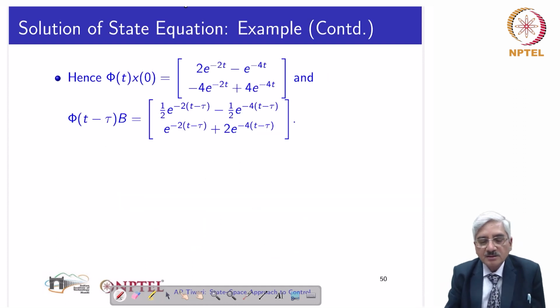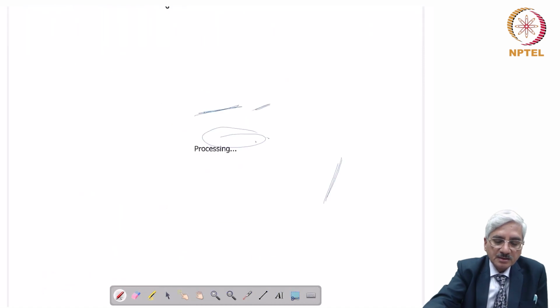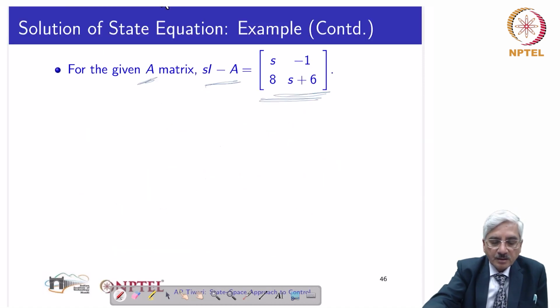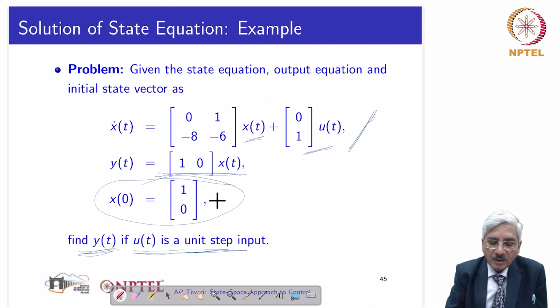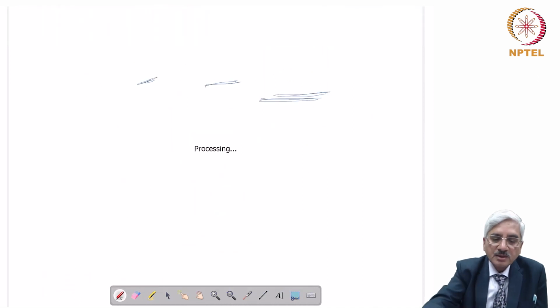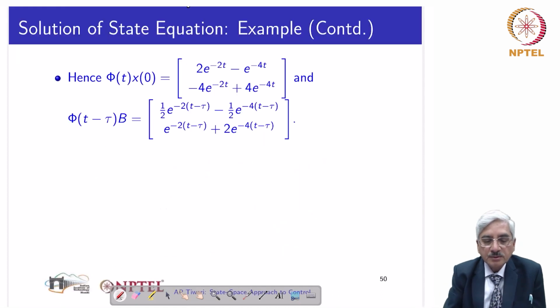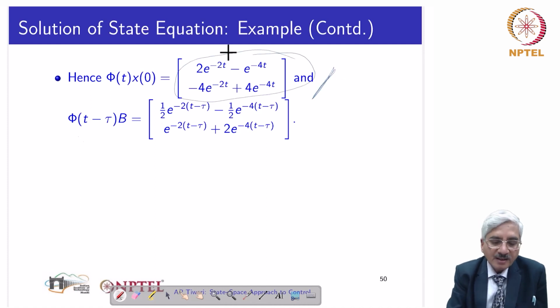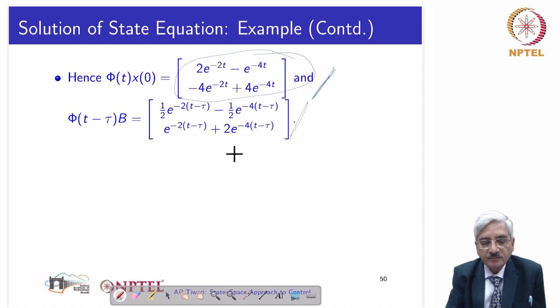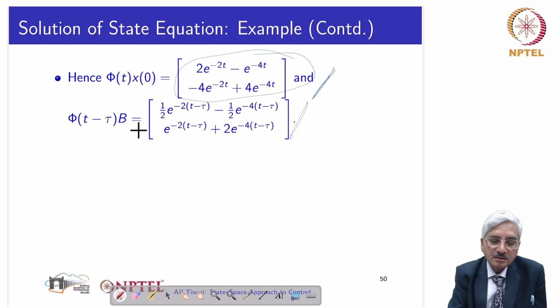And once phi t is there and x0 was given as 1 0, phi t x0 is equal to this one, and phi t minus tau into b is this one, a column vector, because phi is n by n, b is n by m.